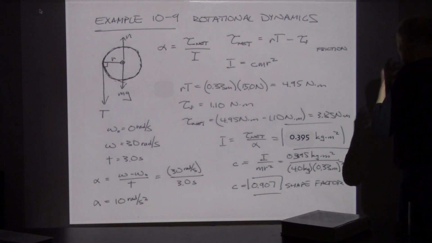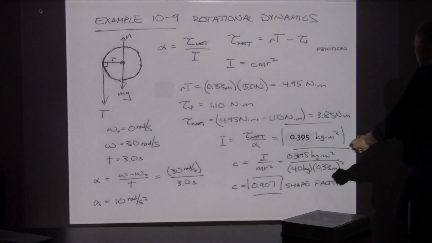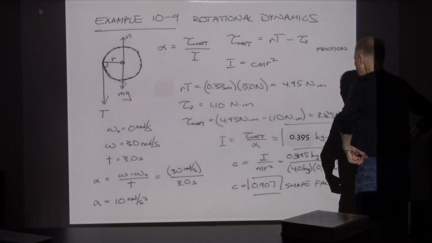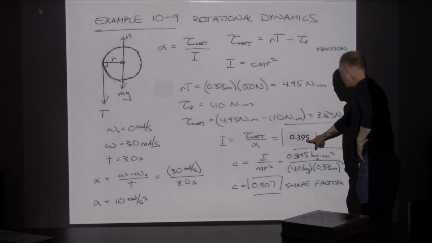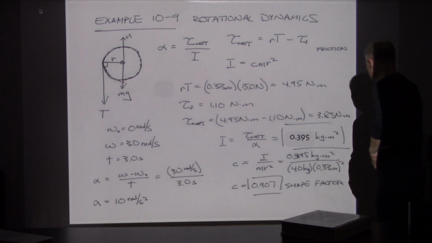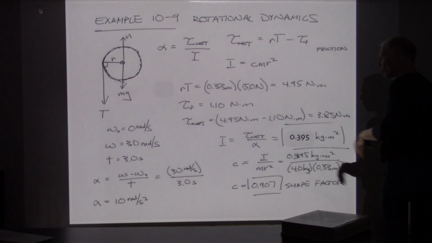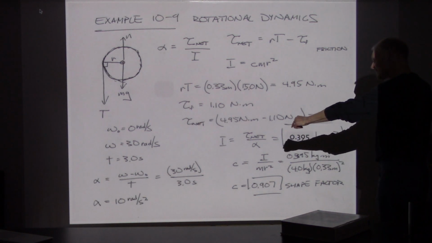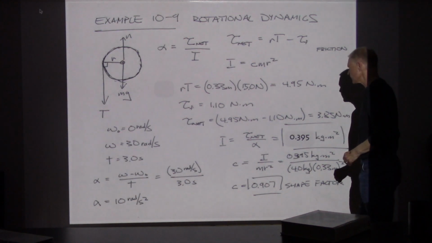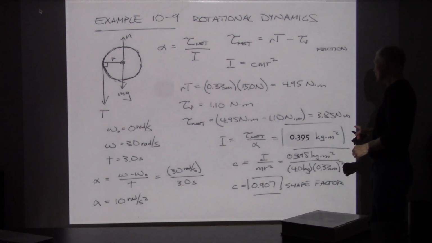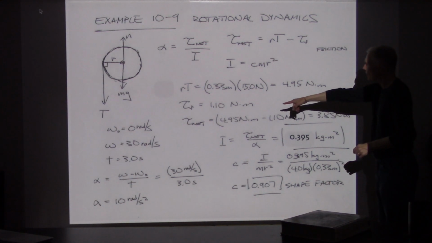So I did this, and I'm a little nervous here now because my 3.85 became 3.95. Somehow that got copied over wrong. The acceleration I got was exactly 10, so this should be 3.85, I think. Oh, I see where the 95 came from here.